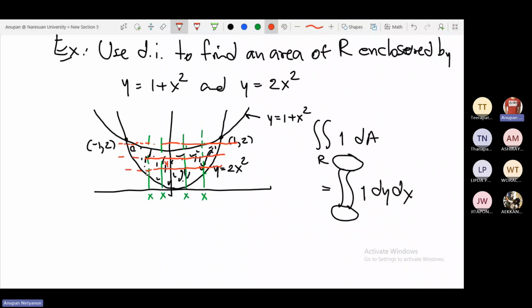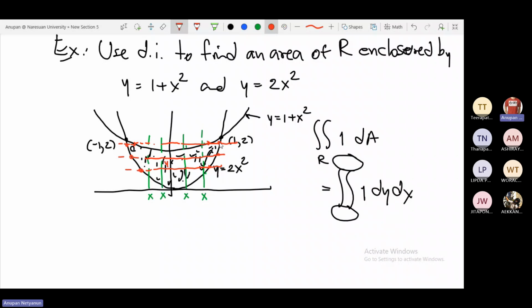Because this particular y is from the left side of the narrower parabola to the right side of itself. But over here is very complicated, which is left side of the narrower parabola to the left side of the wider parabola, right side of the wider parabola to the right side of the narrower parabola.